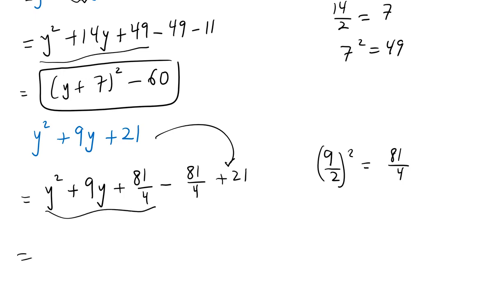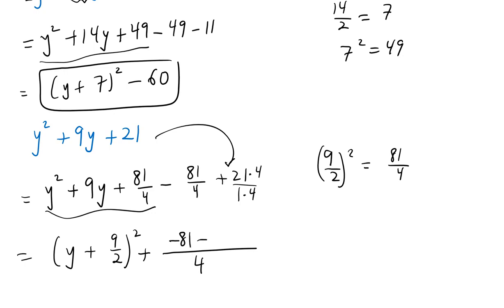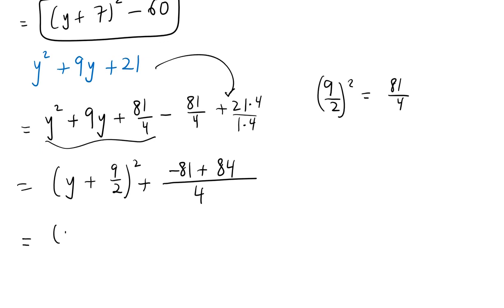So this is y plus 9 over 2 all squared. This is over 1 multiplied by 4 over 4. So let's see what we're going to get here. 4 is the common denominator. We have negative 81 plus 84. That would give us y plus 9 over 2 squared plus 3 over 4.